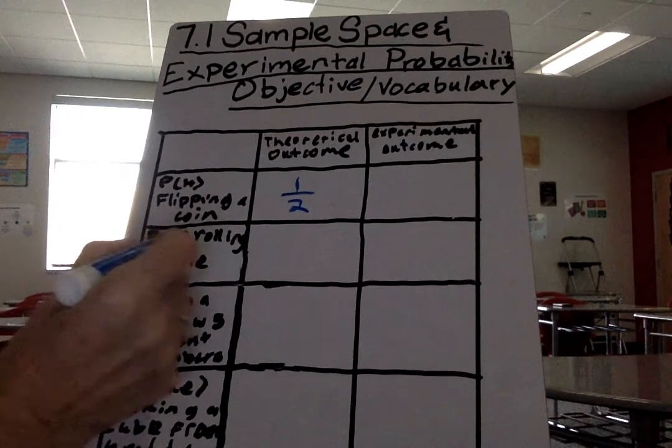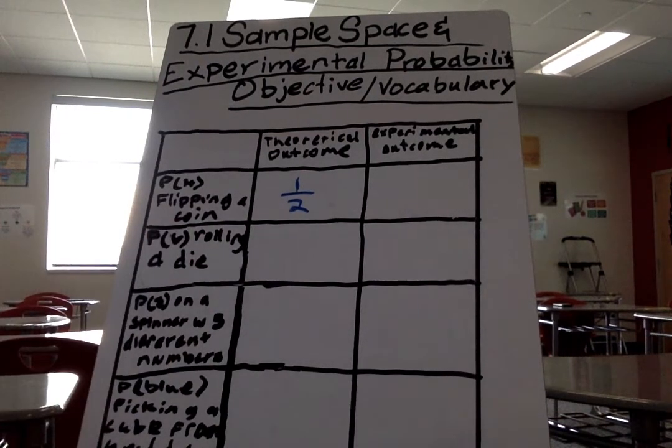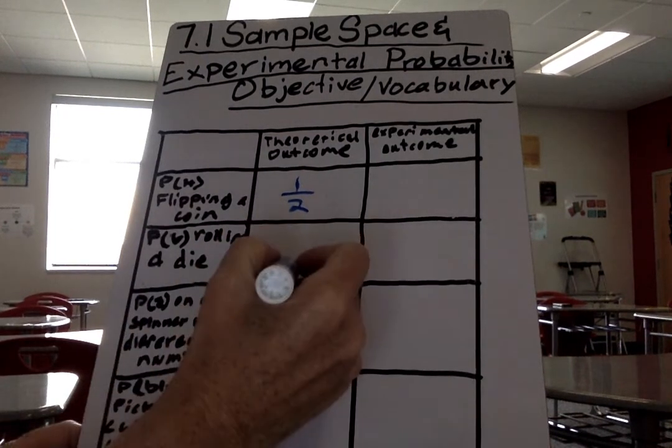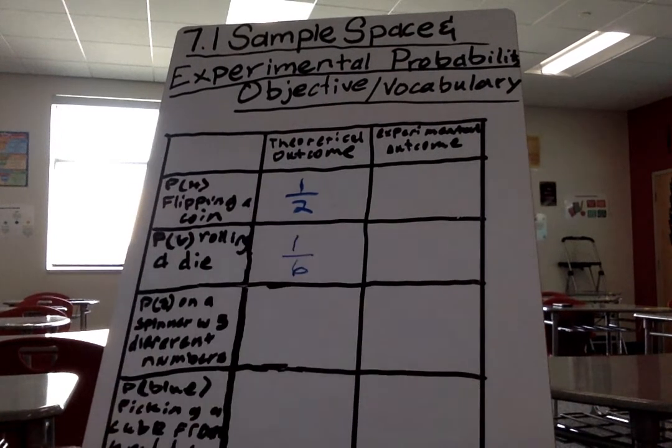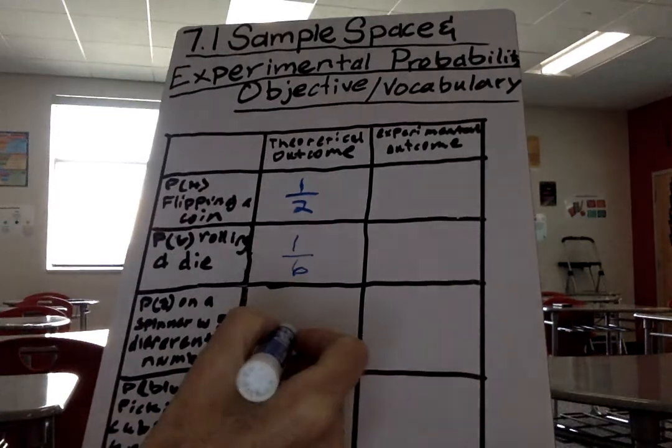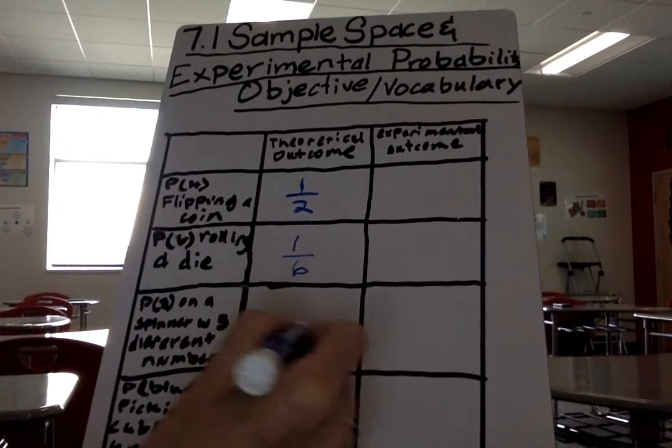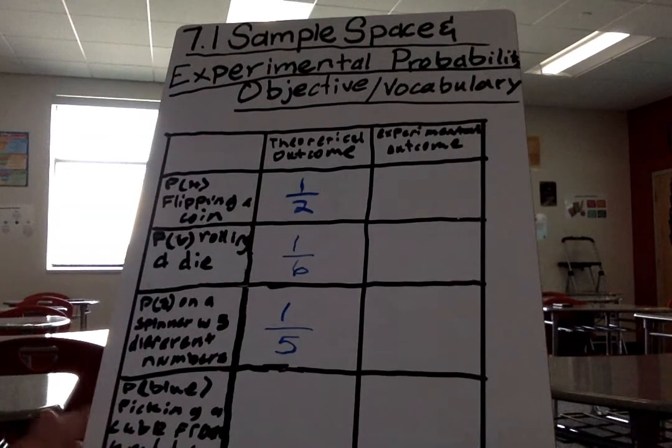Now, probability of 6 on rolling a die. Well, on a dice, it has 6 sides, and only one of the sides has a 6. So that will be 1/6. The probability of 3 on a spinner with 5 different numbers. Well, if you have 5 different numbers and only one of them is a 3, then that is 1/5.